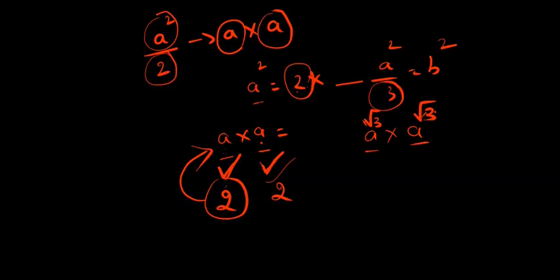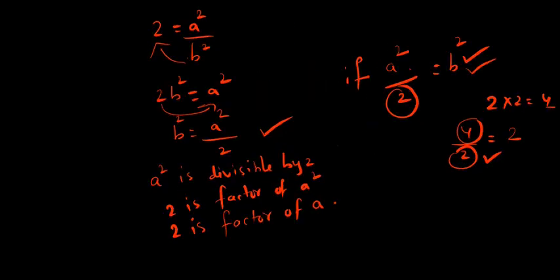See here. If 3 is present in a square, it should also be present in a. So by this we conclude that if 2 is a factor of a square, 2 is a factor of a also.